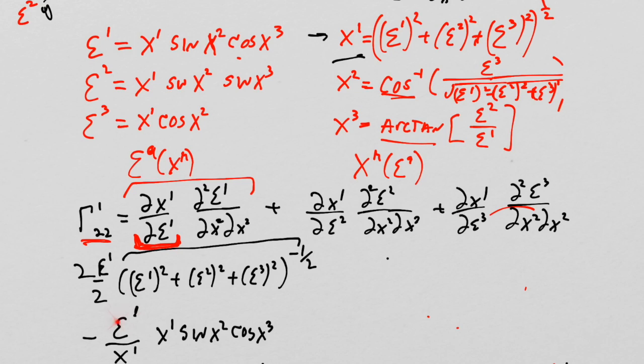So the pattern for this derivative is the same. The only difference is this will end up being an e2 and an e3 respectively. So we'll get e2 over x1 for this second term. And then this guy is this one's second derivative. So this is very similar to this one, except you end up with a sign there. So it's going to be exactly the same, except this will be a sine x3. So x1, and it'll still be an x1, by the way. x1 sine x2 cosine x3.